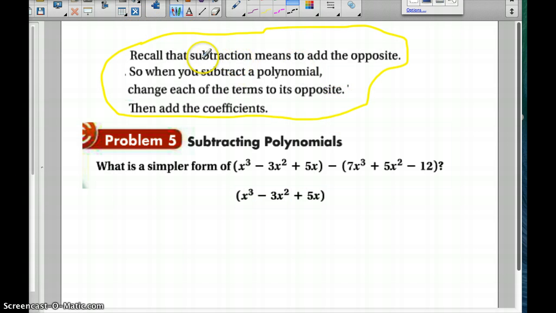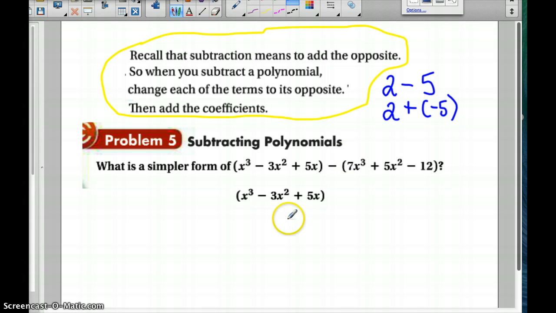Subtraction. Remember this. Recall that subtraction means to add the opposite. So if you are ever subtracting two numbers, for instance, 2 minus 5, you are really taking the first number and adding the opposite of the second number.